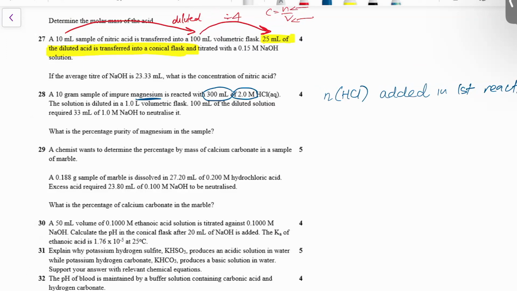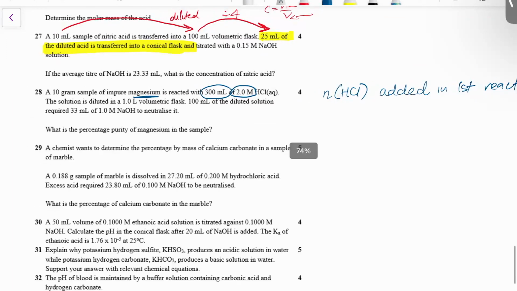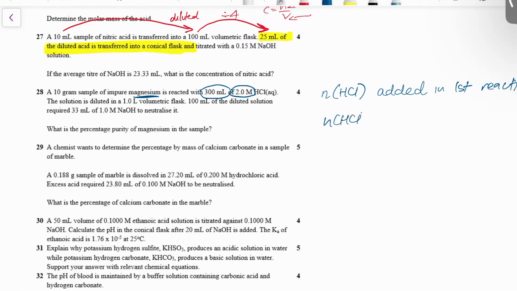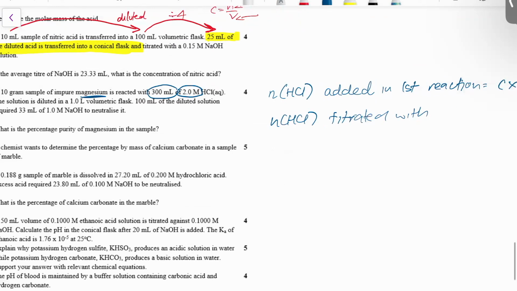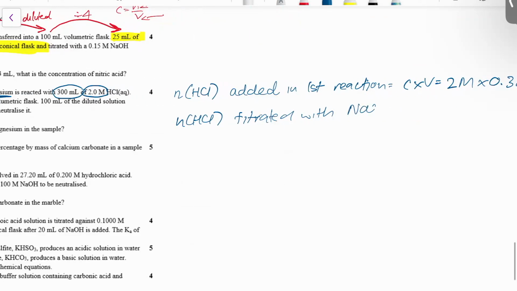What I can know is the moles that's left over that gets titrated later on. So I have to calculate that first. The moles of HCl titrated with NaOH is a thing I get after. That's what I'm looking for. But for me to know the moles that got titrated with NaOH, I need to now go in the context of my second reaction.